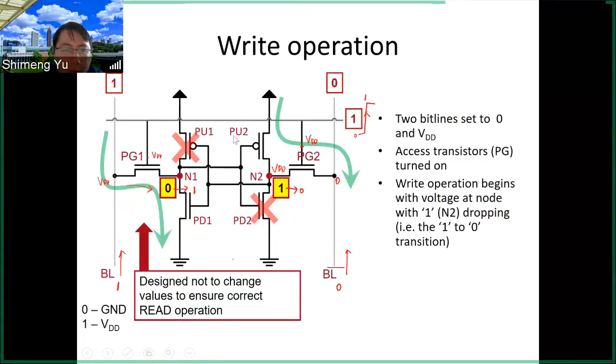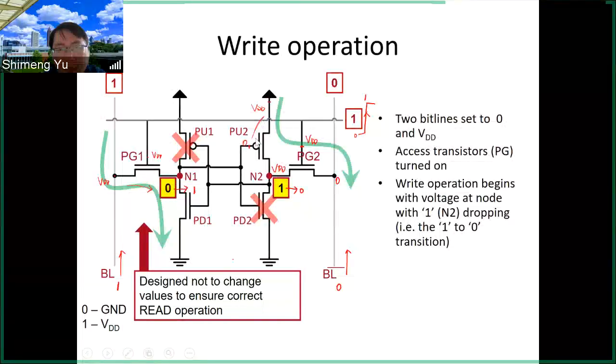And also the PU2 is turned on. PU2 is a PMOS, and its gate is attached to N1. N1 is attached to the PU2's gate. So this is 0, and this is VDD, the power supply. For the PMOS we only look at the absolute value of VGS, so this is like VDD for the VGS of the PMOS.